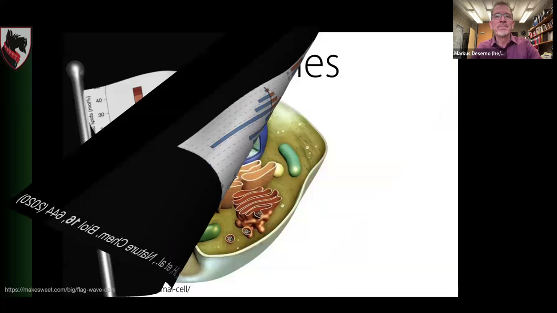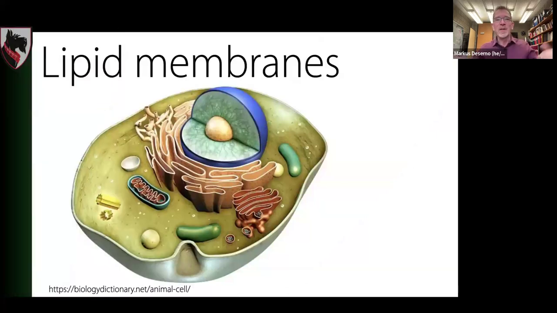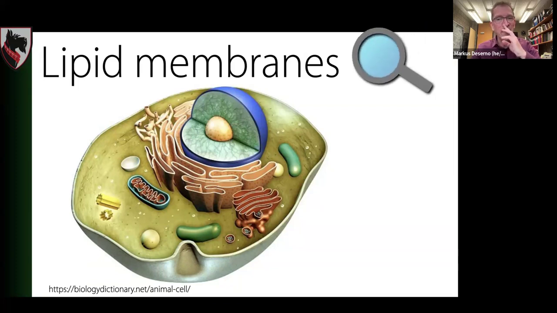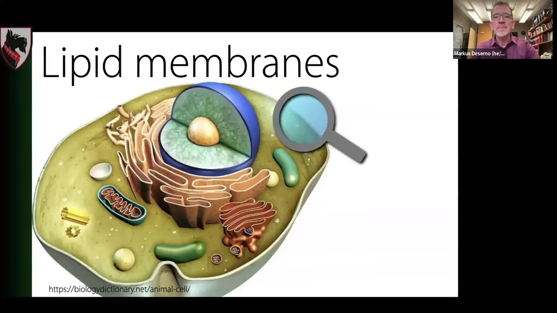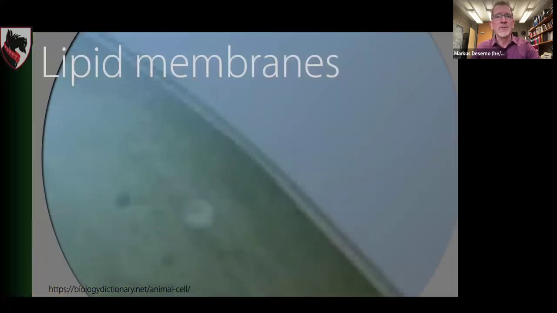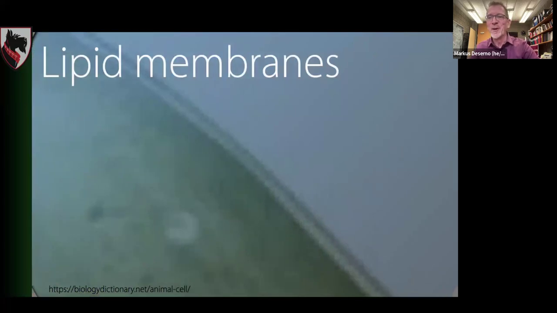If you open a book on molecular cell biology, very early on, you're going to see a picture, something like this, a cell cut open, and most anything you see are membranes, the outer envelope, the ER, the Golgi, all of these things. If you look at the outer membrane a little bit more closely and zoom in, actually you can't see anything because the JPEG isn't good enough.